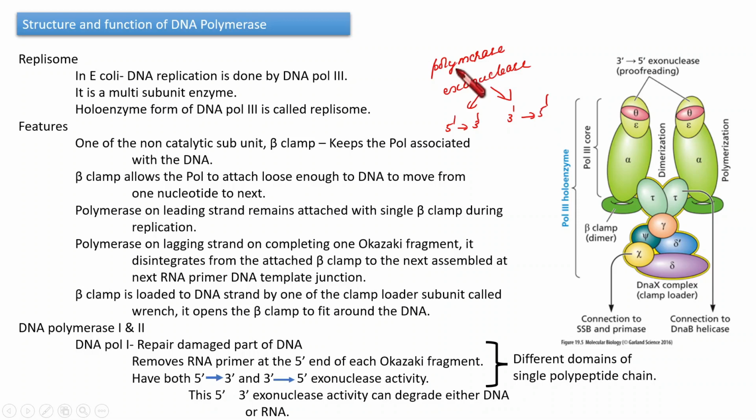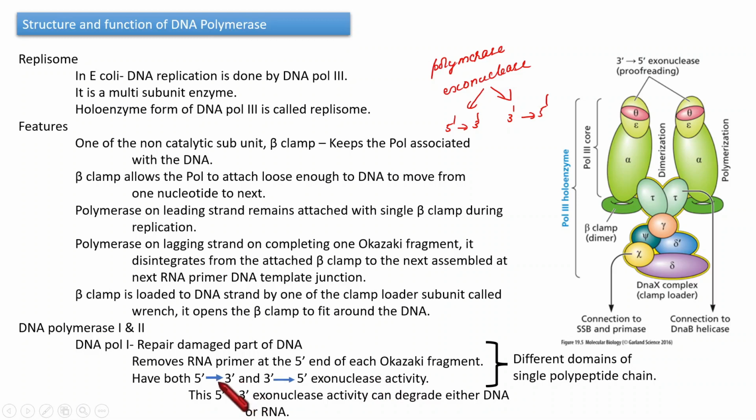So, polymerase activity is significant because after removing that RNA primer part from each Okazaki fragment, they need to synthesize the DNA part. It is done by that DNA polymerase 1. I will show you later in the next slide.